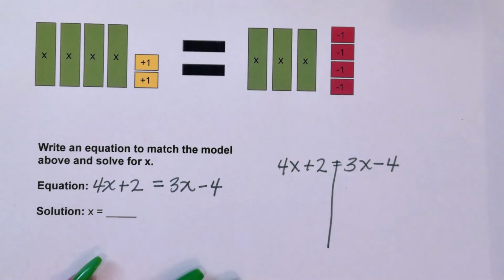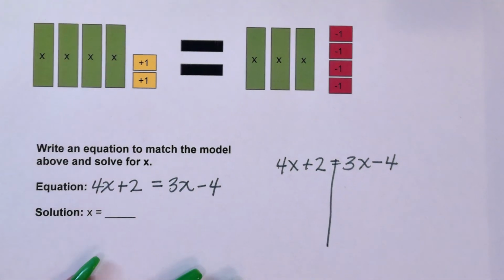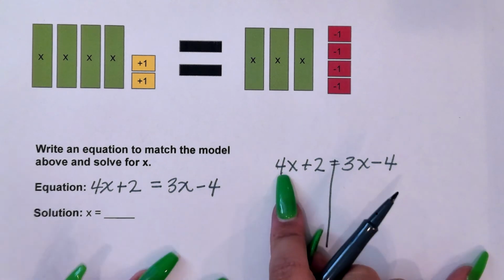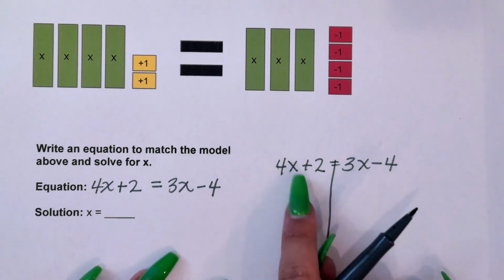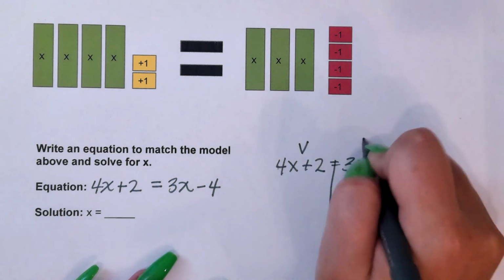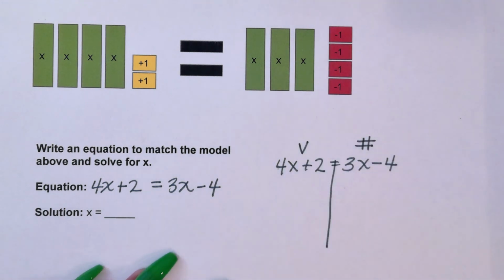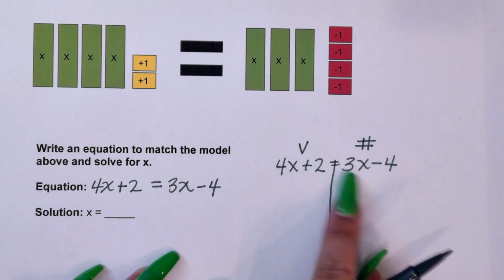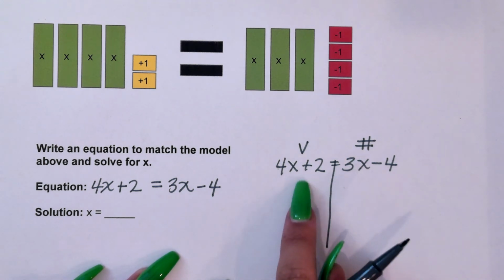First, I want to label the variable side, the one with the bigger variable. So I've got 4x and 3x. So my 4 is bigger than the 3. So this is my variable side, and this is my number side, or the side that does not have variables. So I want to move this 3x to the variable side.